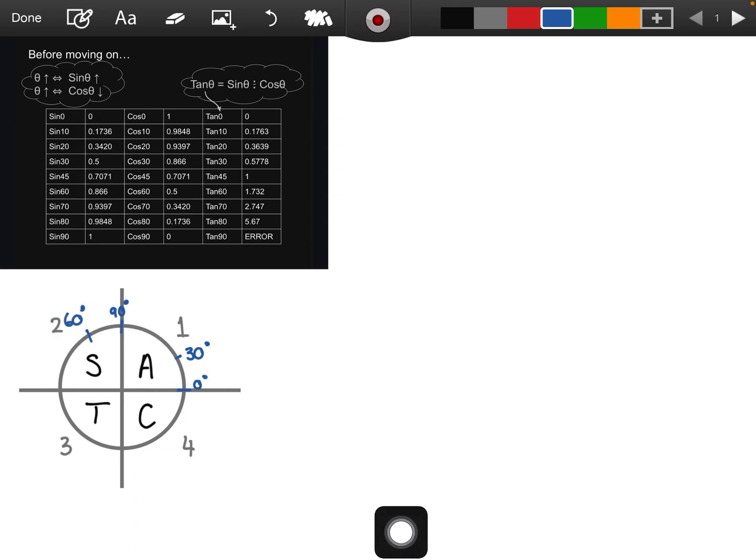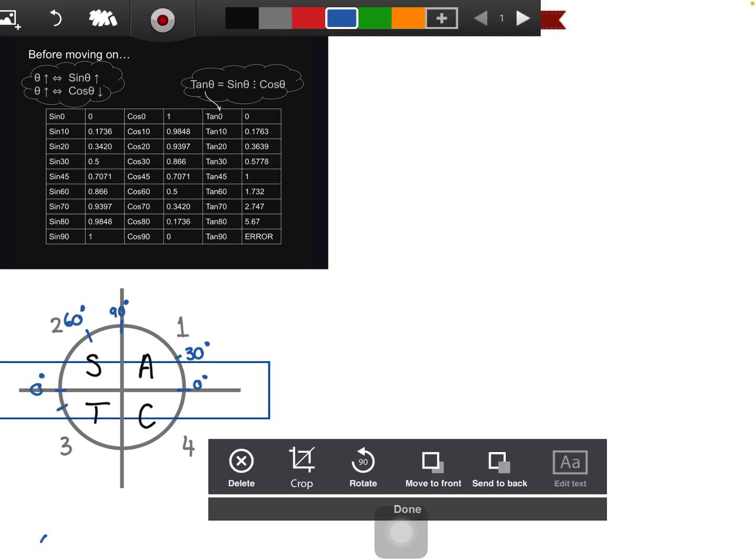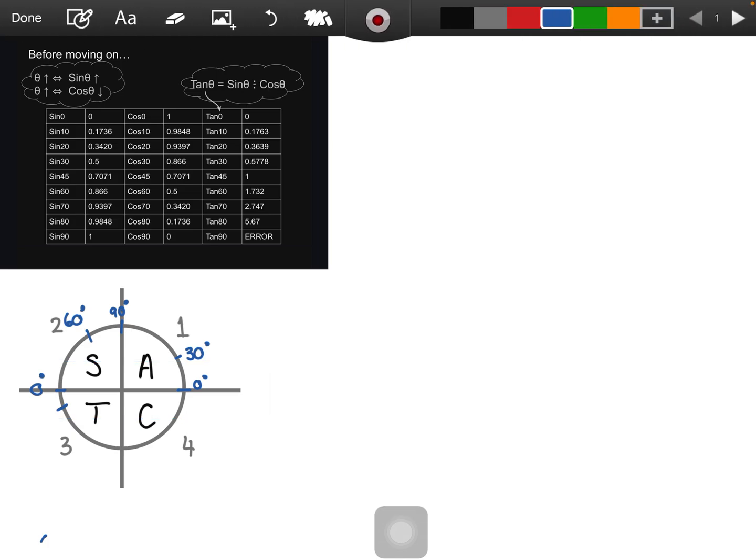And that's going to be the case all the way up until I'm at 0 degrees again with the horizontal. Then when I start to move into this point here, that might give me, let's say, 10 degrees from the horizontal.